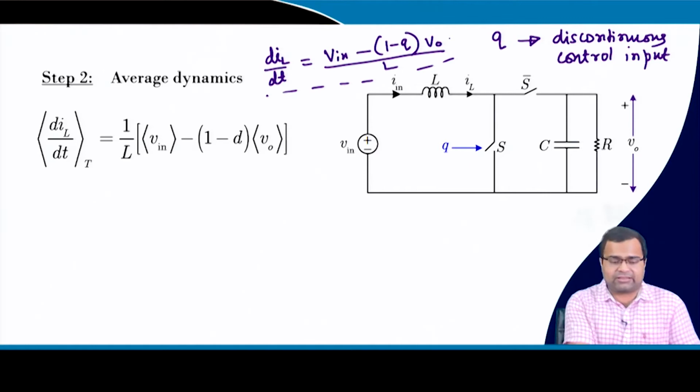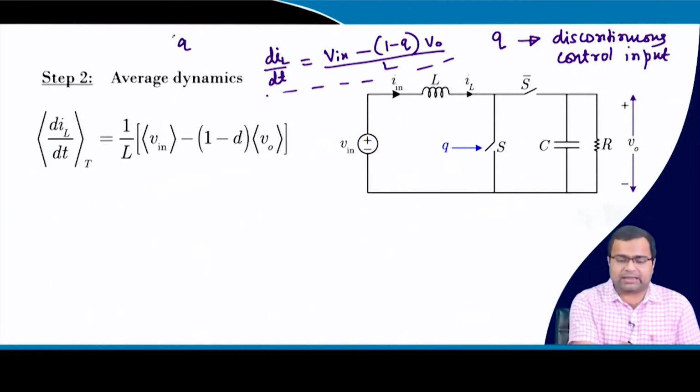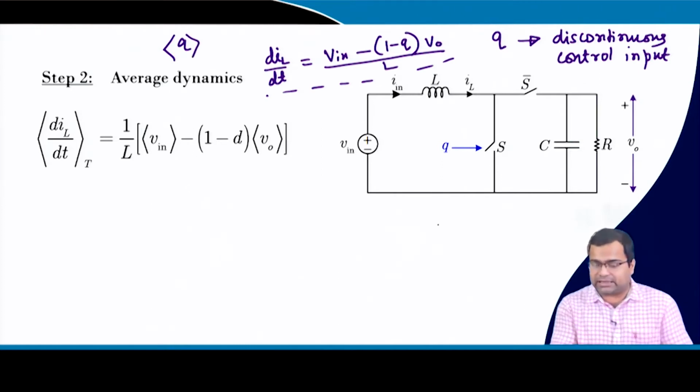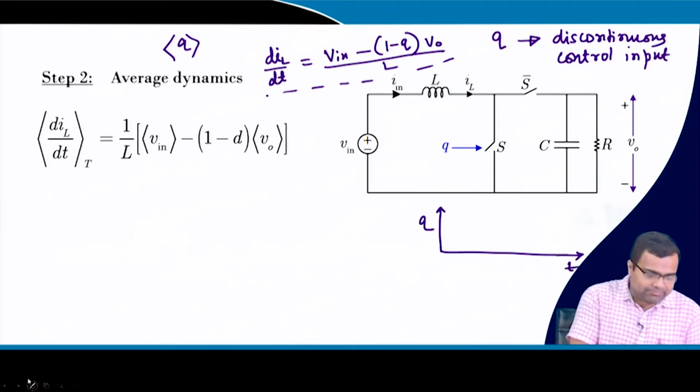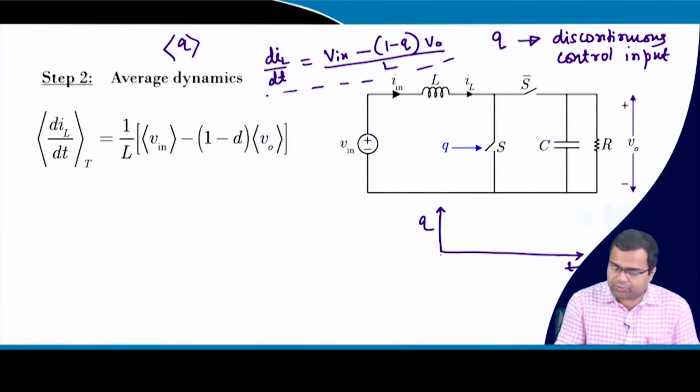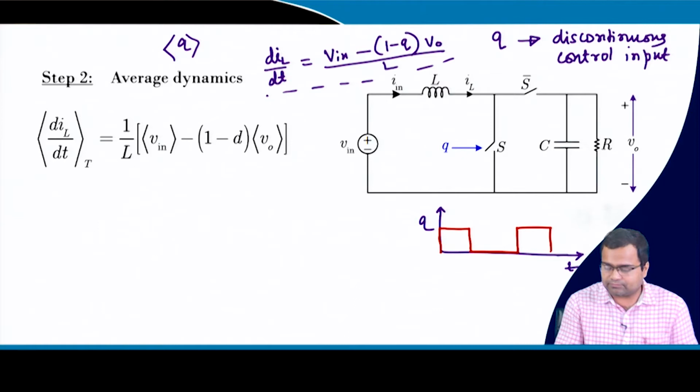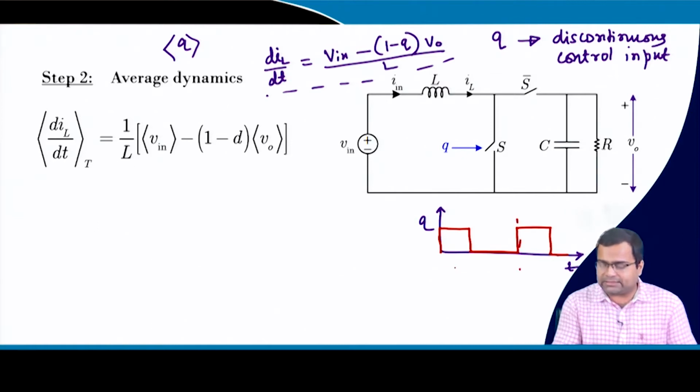But if we average over a cycle, then this Q, if you draw the Q waveform over T, it is a gate signal, a periodic signal with a duty ratio D, so it is D into T.